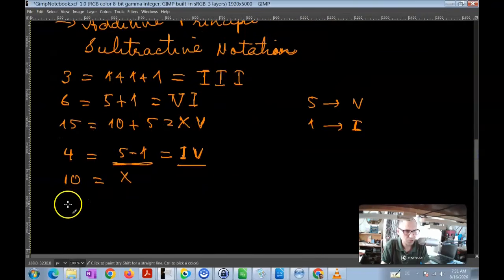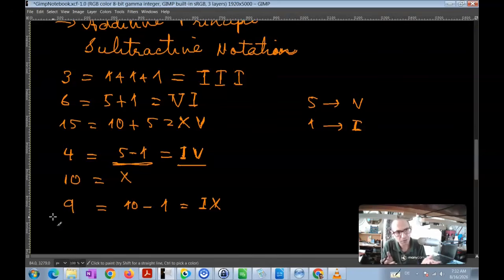Now if you want to write a 9 in this system, it's the same thing as a 10 minus a 1. And now you can guess how you can do this. You put a 10 over here, and then you subtract the 1 from it, and of course the 1 you have to put on the left hand side of the 10 so that it is subtracted from the 10, so that you end up with the 9, right?